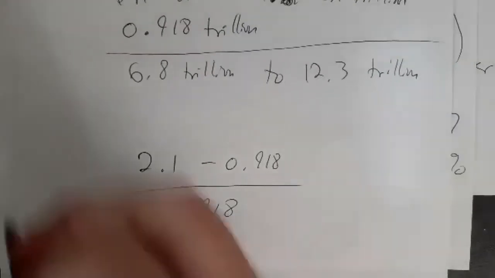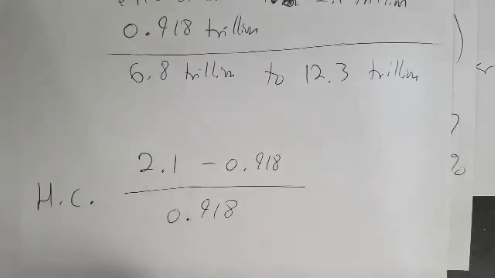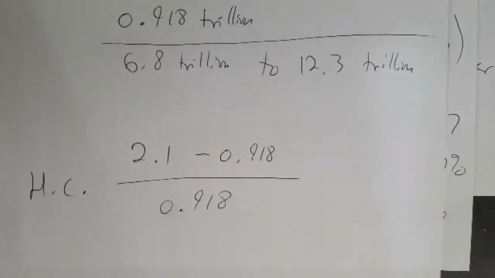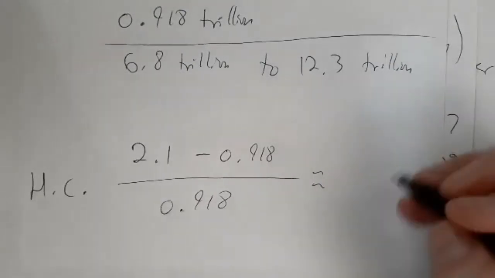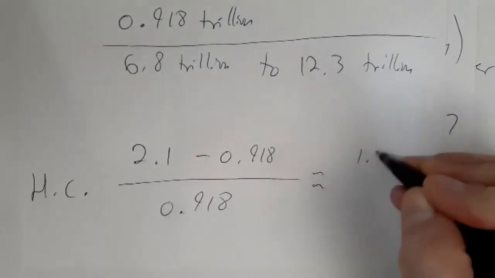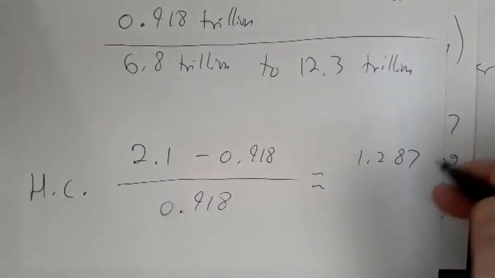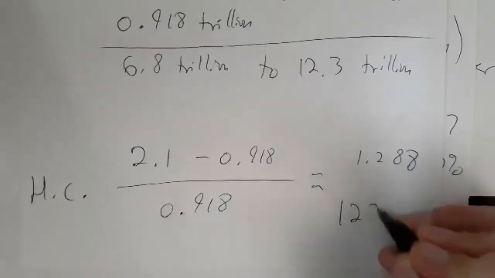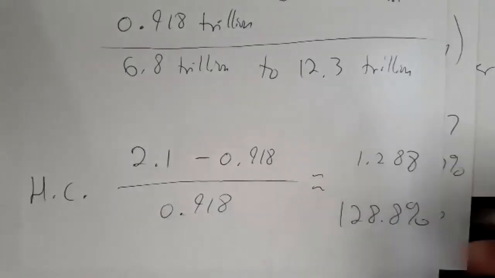And so this is my healthcare. And then I have one that's the total spending. But for my healthcare, this thing should be like 1.288. So this is 128.8% increase.